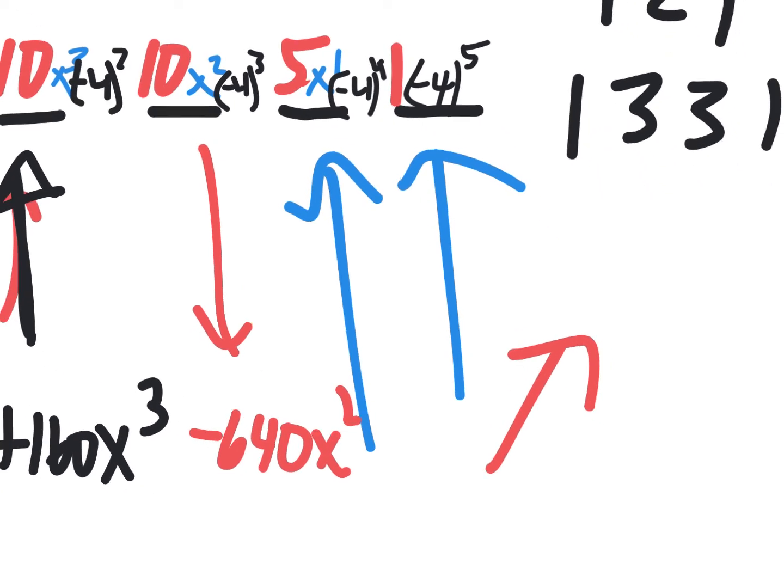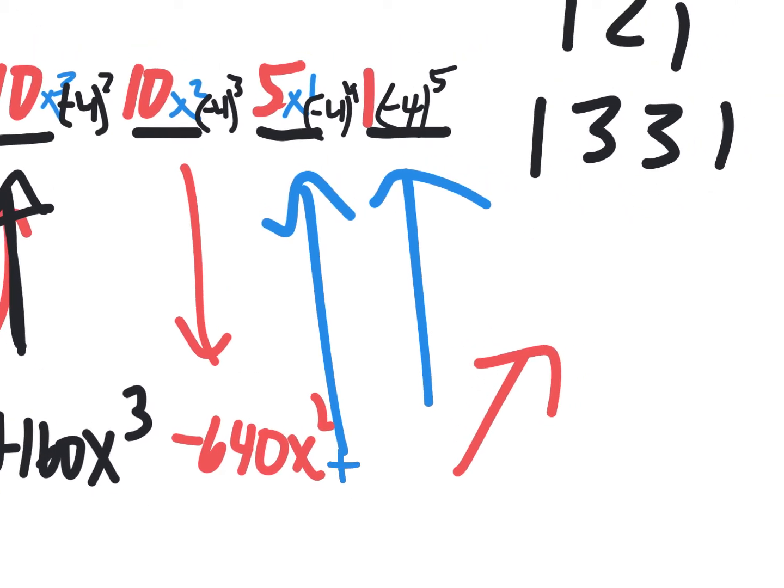That's totally fine. It'll be positive something, and then don't forget the times by 5. It is positive 1,280. 1280? Yeah. All right. And then that's x to the 1.